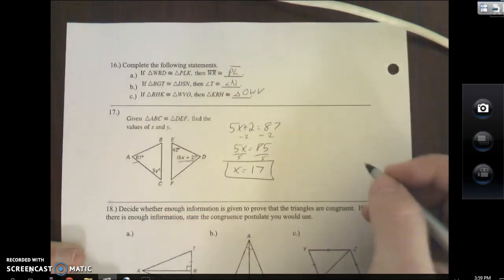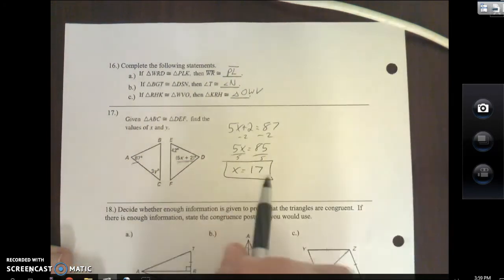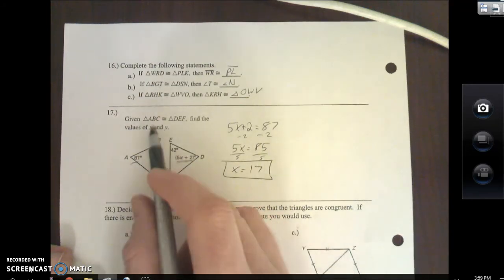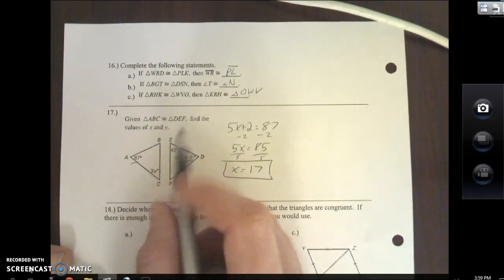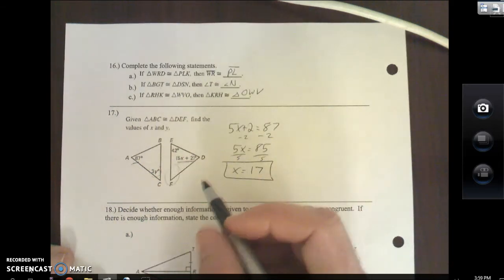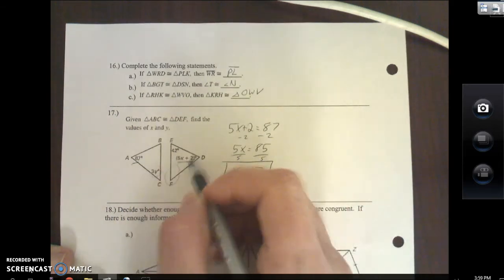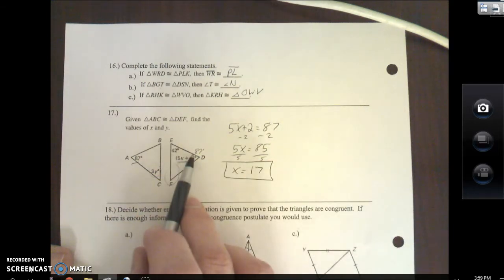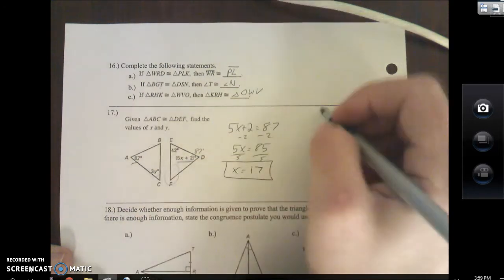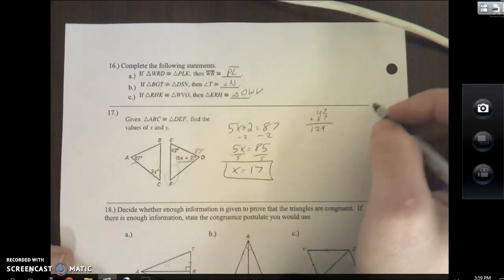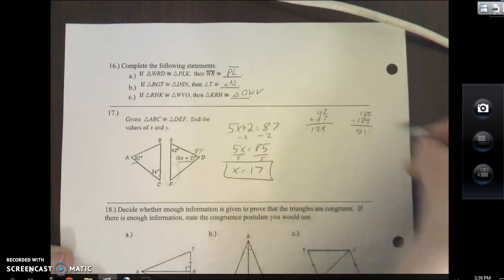17. Good. Now, here's where it gets tricky. Okay. If I want to find y, it is going to be C. C matches up with F. I don't know what F is. Okay. But I do know this. If this is 87 degrees, this must be 87 degrees. 42 plus 87 is 129 degrees. 180 minus 129 is 51 degrees.